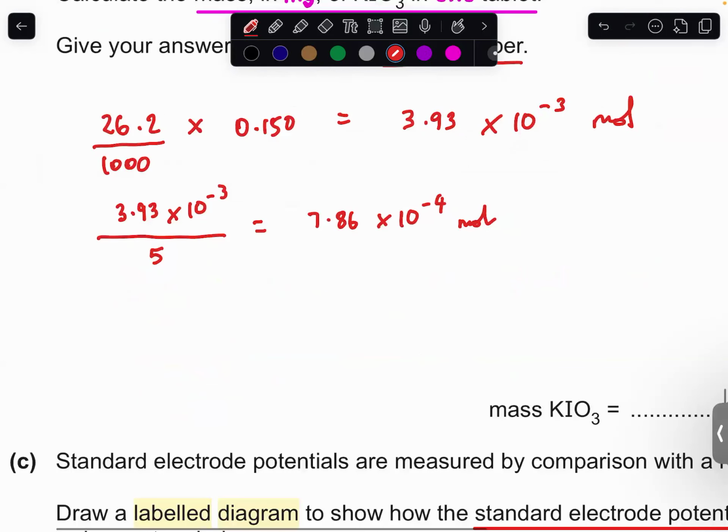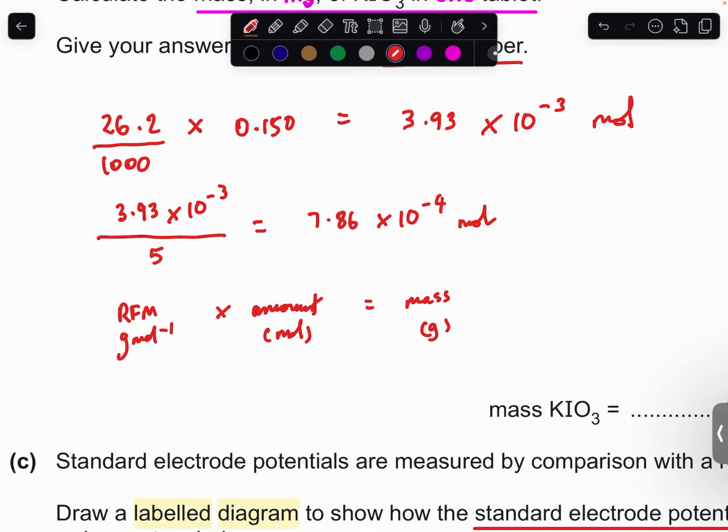We have learnt that the relative formula mass, which is in grams per mole, multiplied by the amount, which is in moles, is equal to the mass, which is in grams. You can see from here that per mole and the mole will cancel out to give you grams.